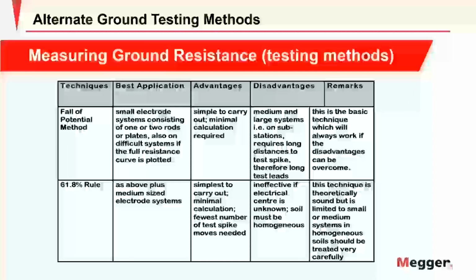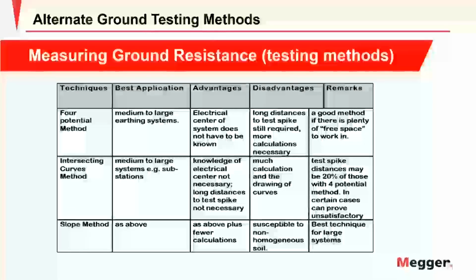But it's a good method to use in areas that you've already proved by a fall of potential. So if you're doing maintenance testing and you're familiar with the area, do the fall of potential the first time and then do the 62% rule to save time on subsequent tests. Next.